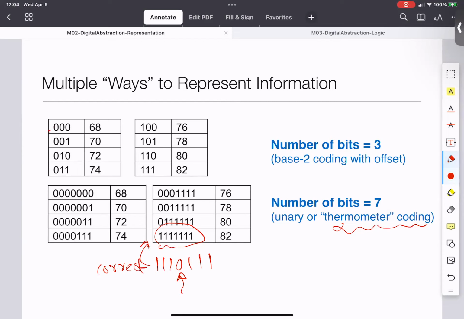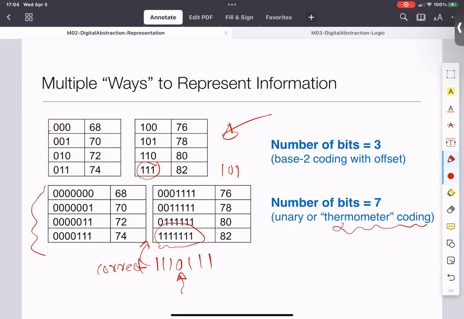That's not the case here. If 111 changes to 101, well, that's a valid value too. So this way of coding has no way for us to detect an error happening, let alone correct it. Whereas with thermometer coding, I can detect certain errors, not all errors. Like I cannot detect all zeros becoming 0001.